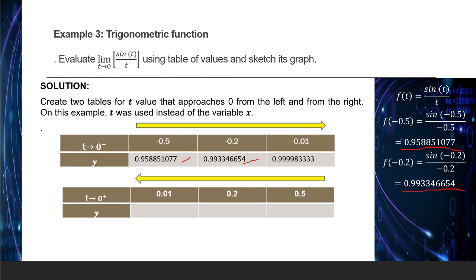And the last one, f of negative 0.01 is equal to sine of negative 0.01 over negative 0.01. This is equal to 0.9998833.